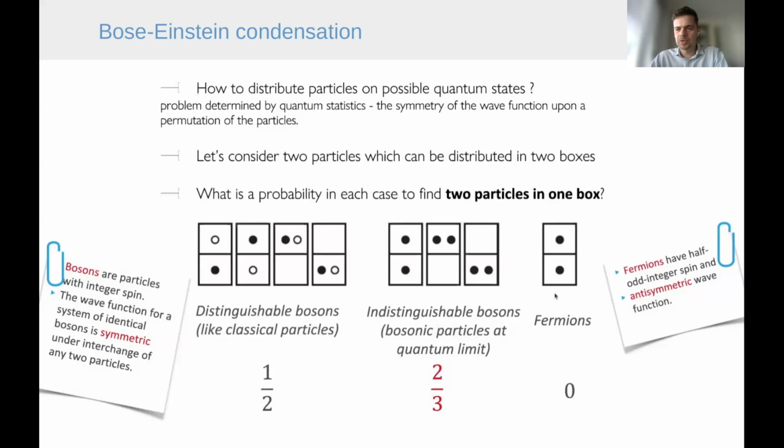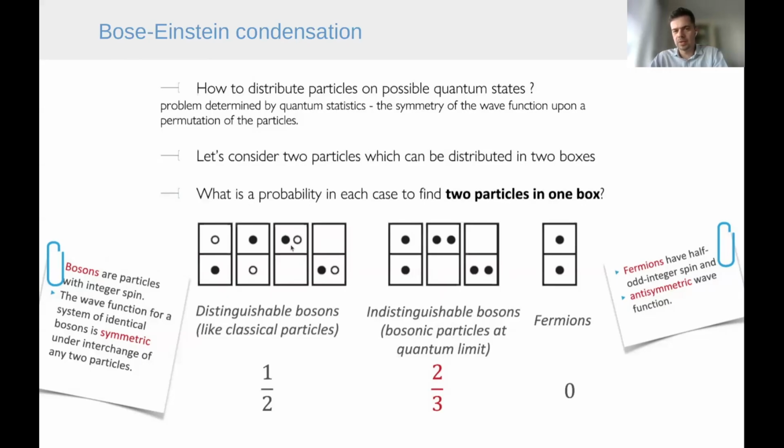In the case of fermions that have half-odd integer spin and antisymmetric wave functions, we have only one possibility because of the antisymmetry of the wave functions. These two cases are ruled out. So if we exchange these particles, we should get the same wave function, but with a sign of minus.